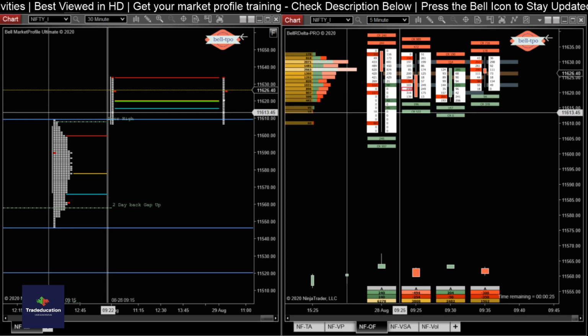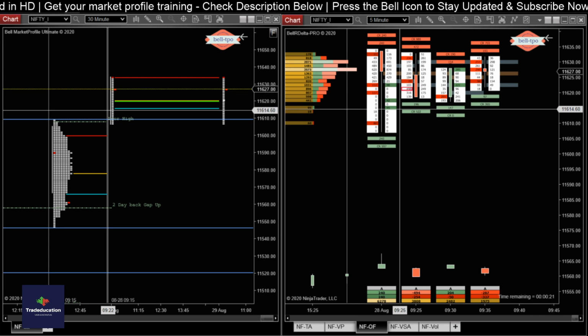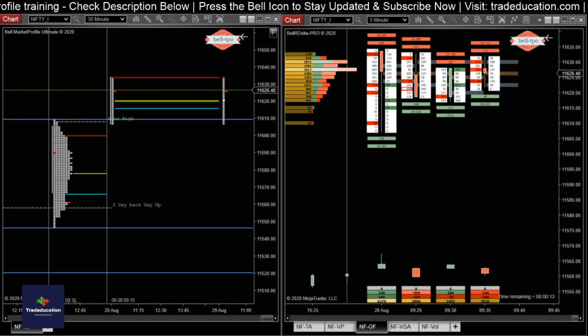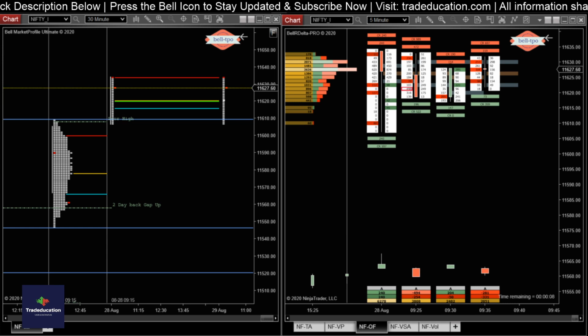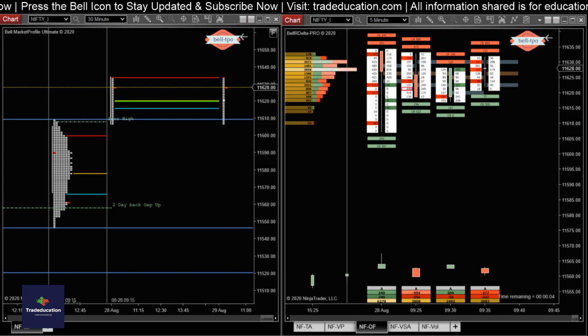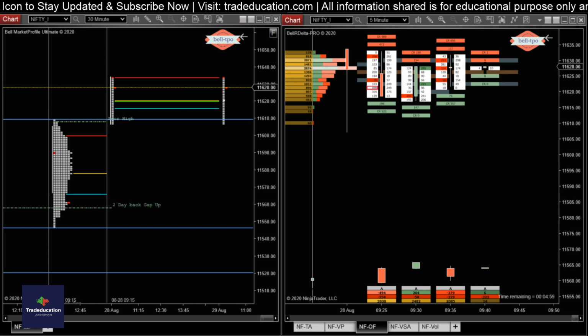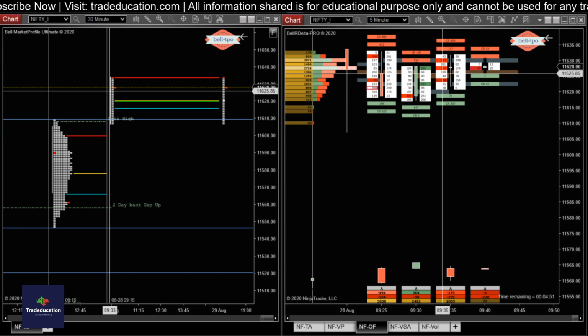Stacked momentum buyers are here. Okay, so it closed above VWAP.